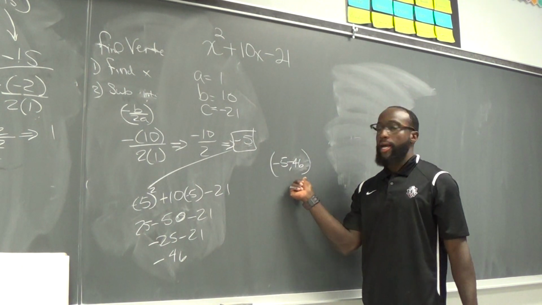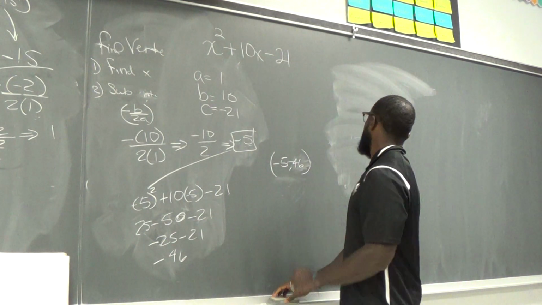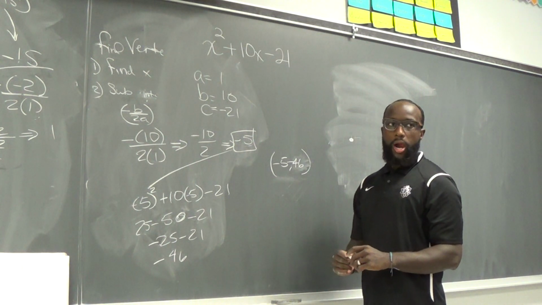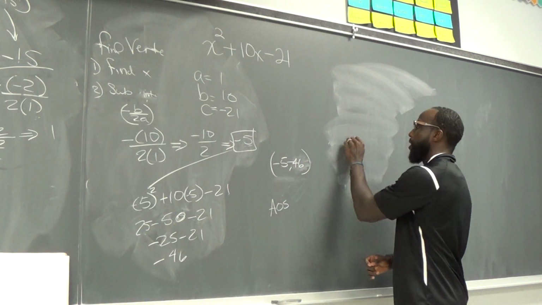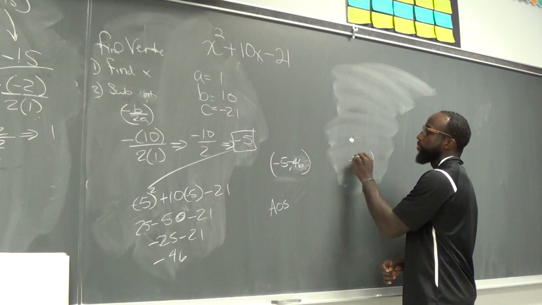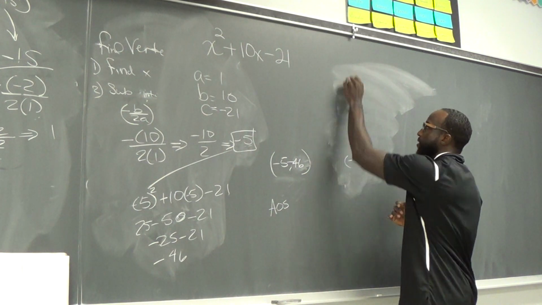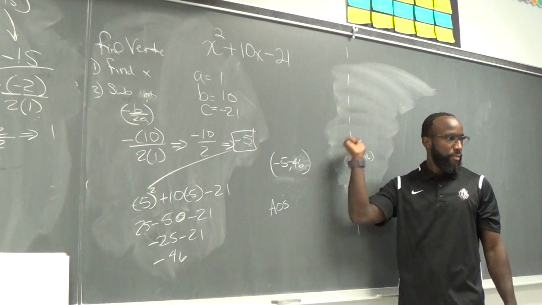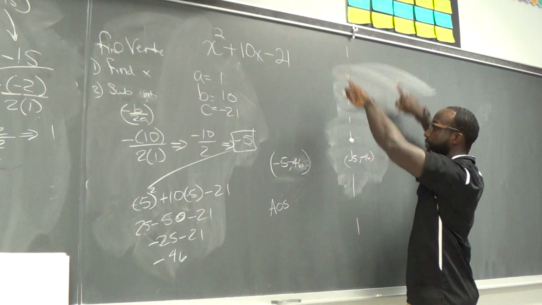So now this is our vertex, negative 5, negative 46. Here's what's special about our graph. You remember the axis of symmetry? The vertex is the middle of your parabola.